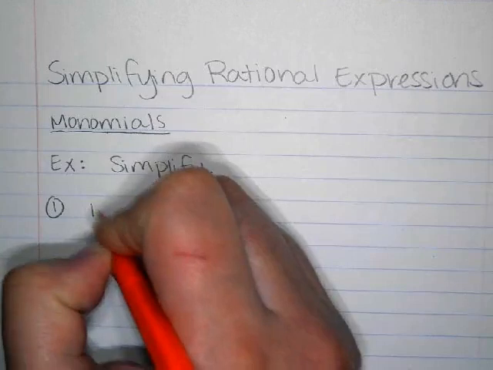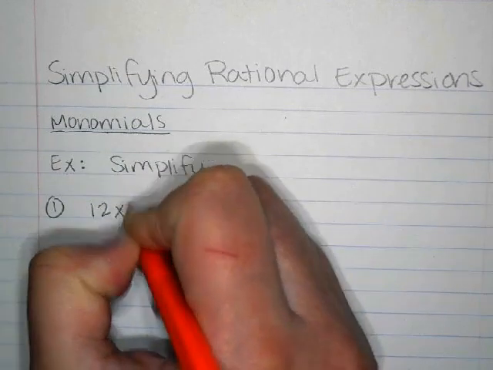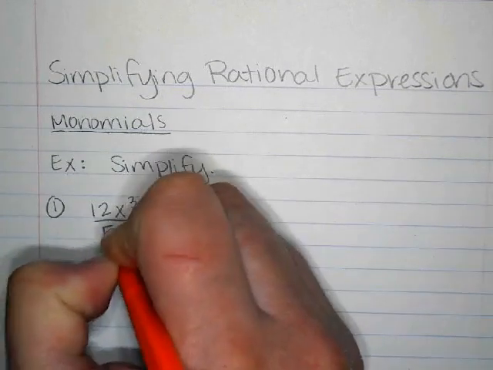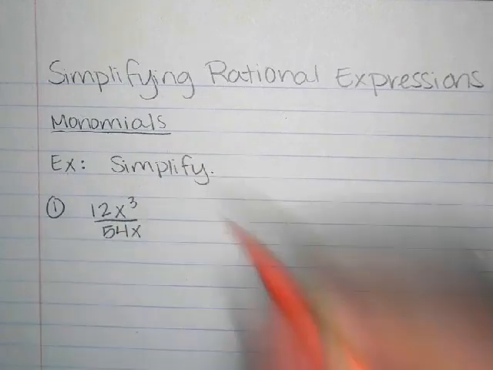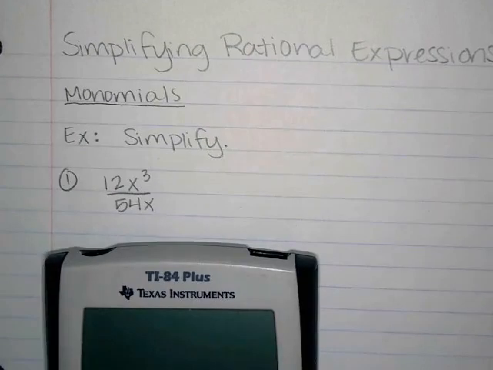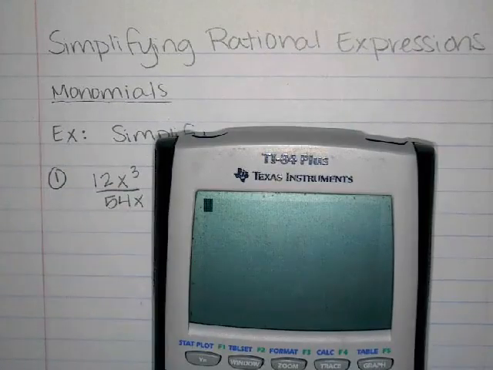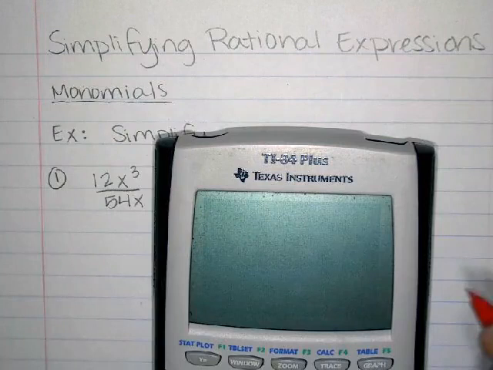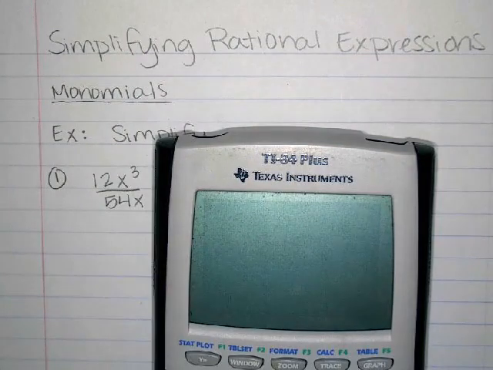So, for example, it might say 12x to the third over 54x. We can't do the x part in our calculator, but we can do the number part. So you're going to start with your calculator screen like this, and we're going to type in the fraction, because our calculator will simplify the fractions for us.